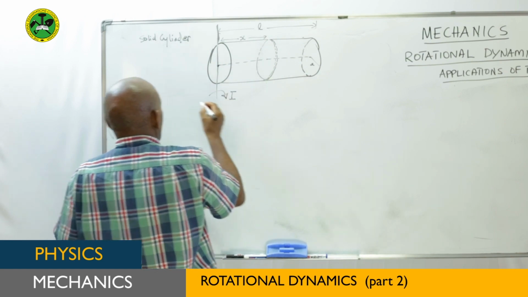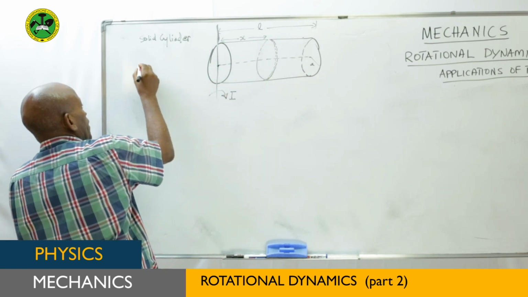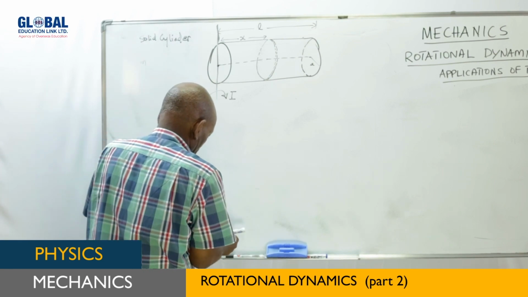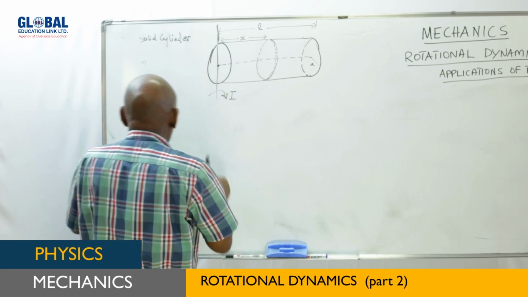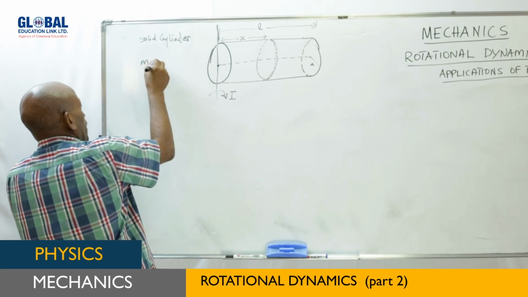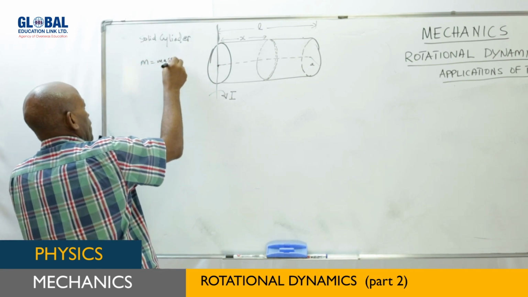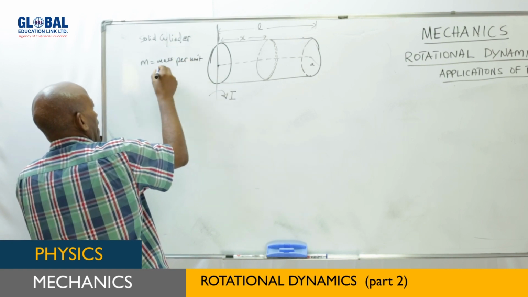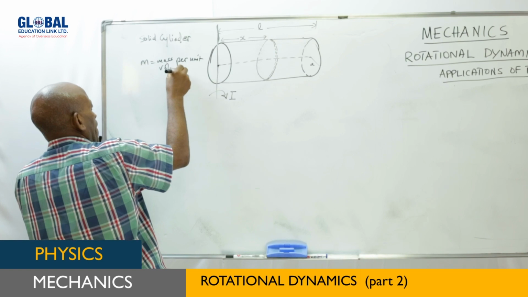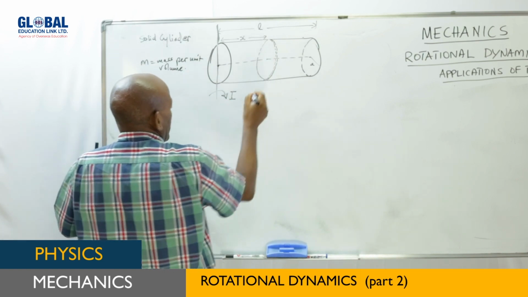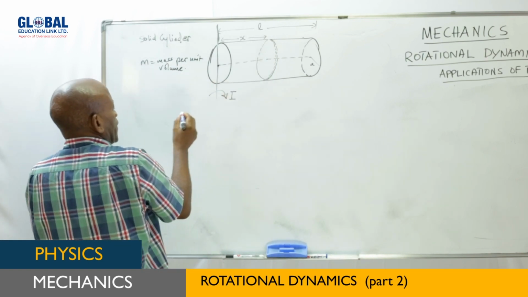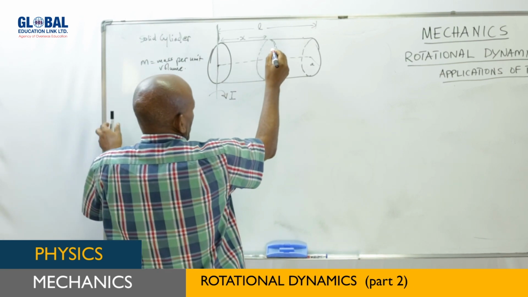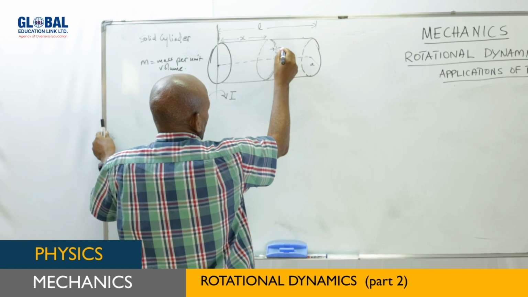For example, if you are given the mass per unit volume to be a small m, then the mass of the cylinder element is the surface area times the thickness.